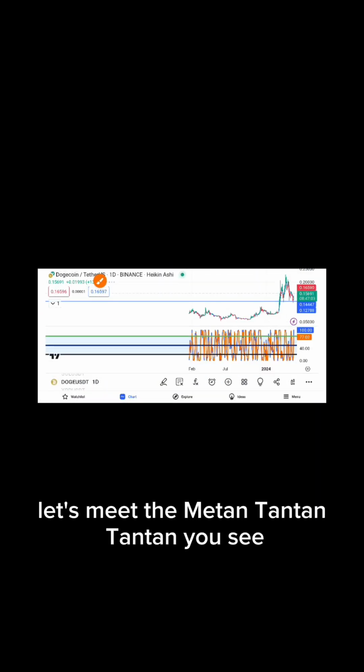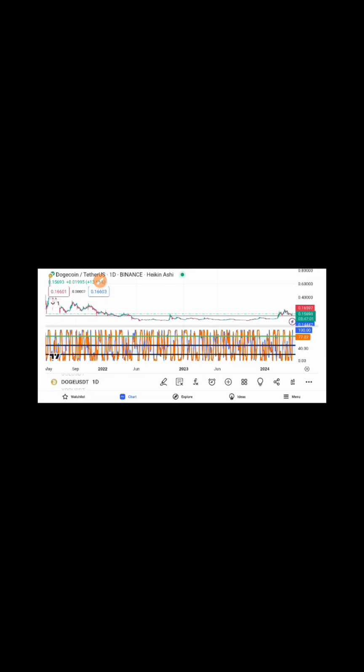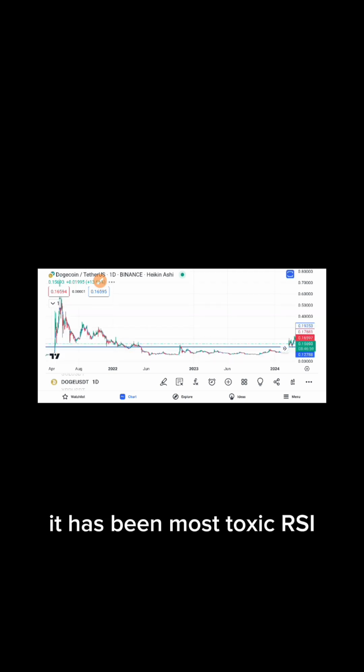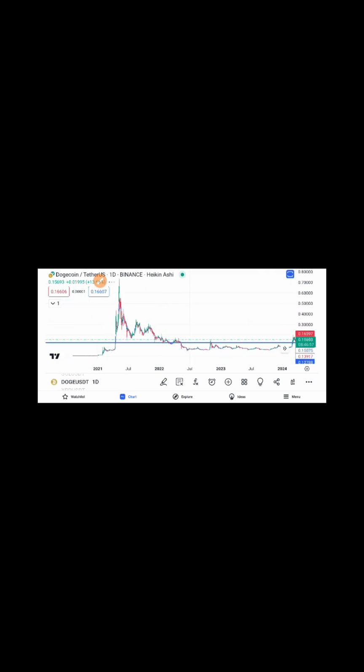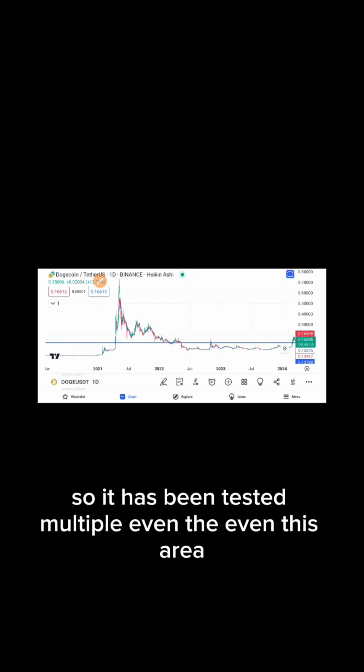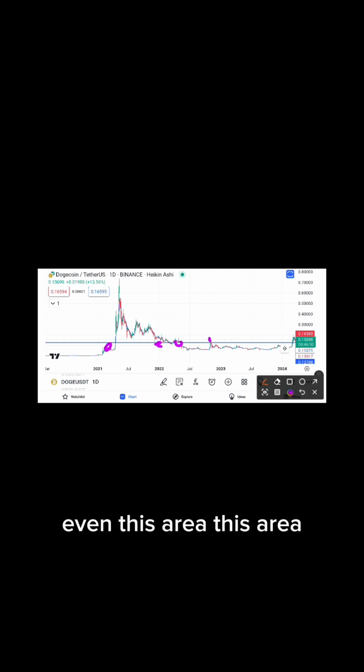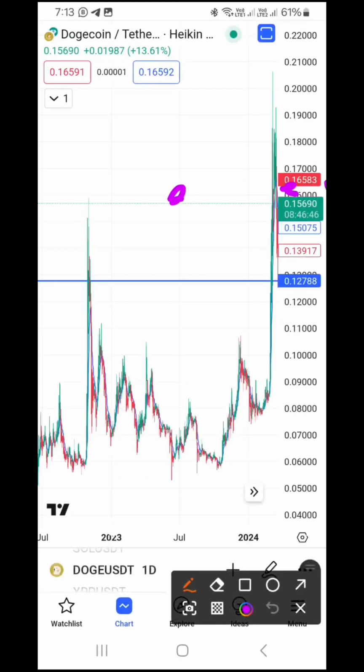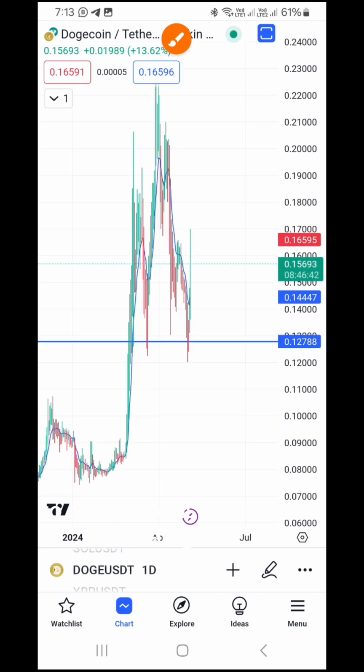Let me first remove stochastic RSI. So it had been tested multiple times, even this area, this area. So it is a good position to put our resistance block.